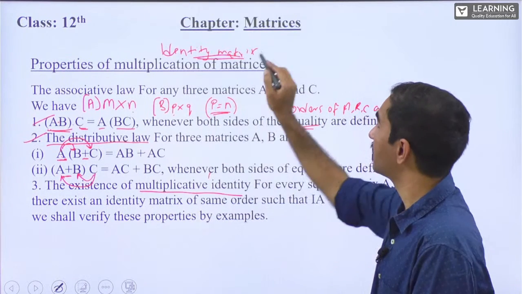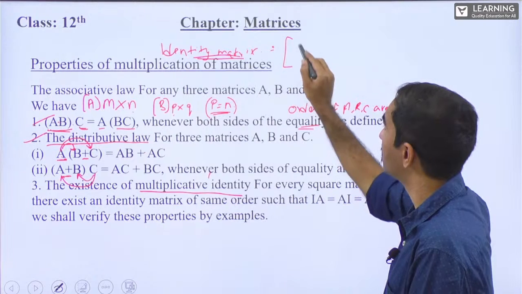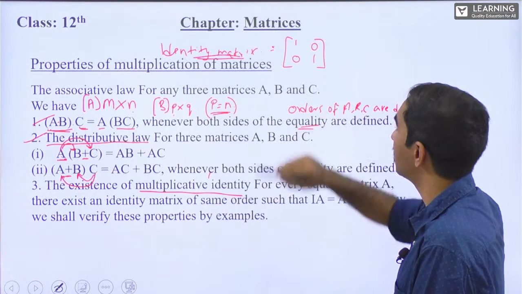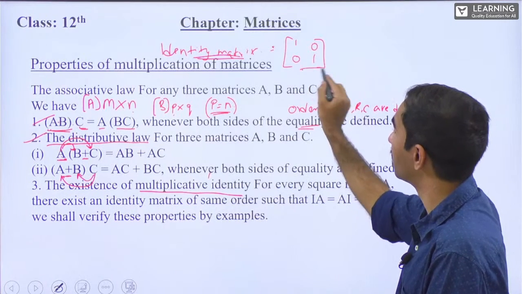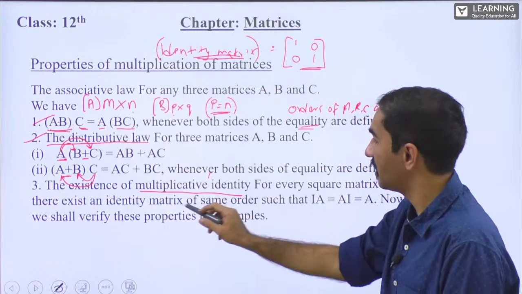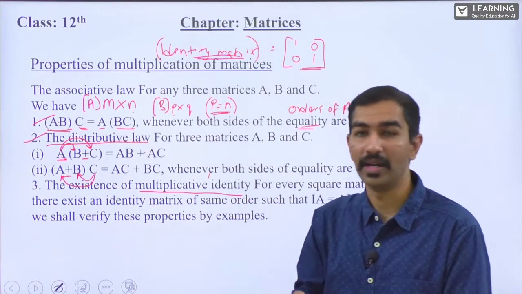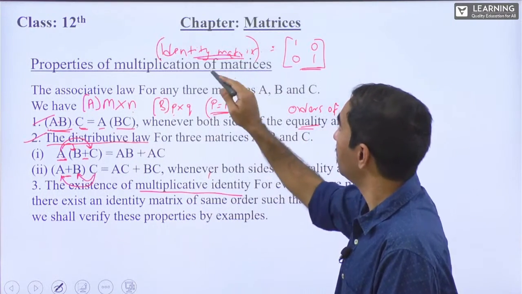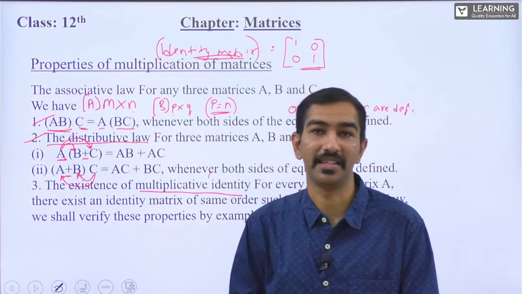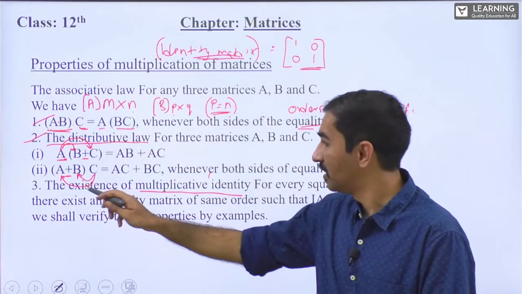How is the identity matrix defined? The principal diagonal is 1, 1, whereas the other elements are 0. So this is our identity matrix. In matrices, the identity matrix is considered the multiplicative identity. Why? Because any matrix multiplied with this gives the same matrix again.